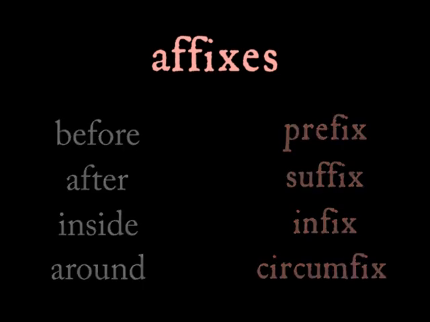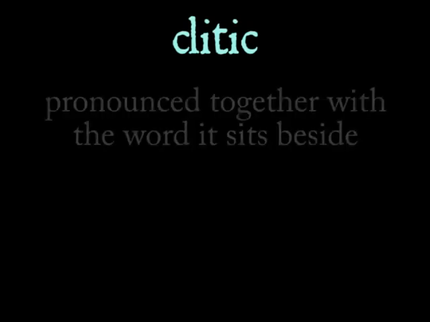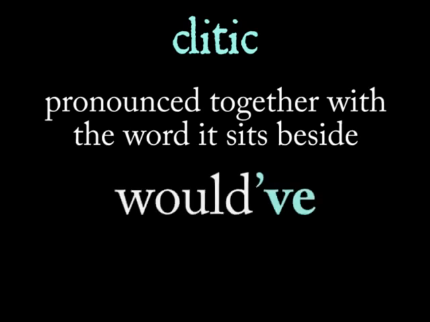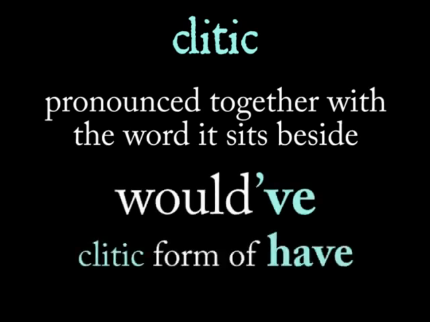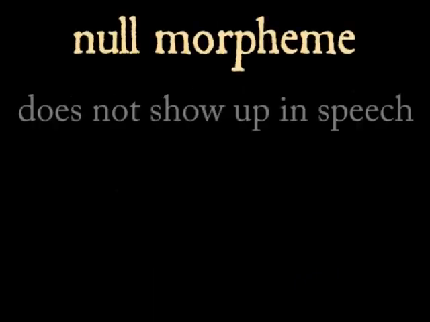Languages have other techniques at their disposal for expressing grammatical concepts. One of these is a clitic, which is kind of like a free morpheme, kind of like an affix. It sits alongside of and is pronounced along with the word that it grammatically relates to. A zero morpheme or a null morpheme is a morpheme that doesn't get pronounced. This concept of a silent, meaningful unit is strange at first, I know.